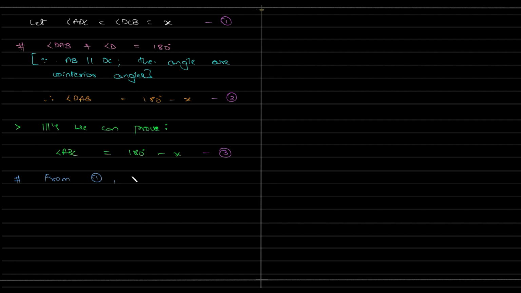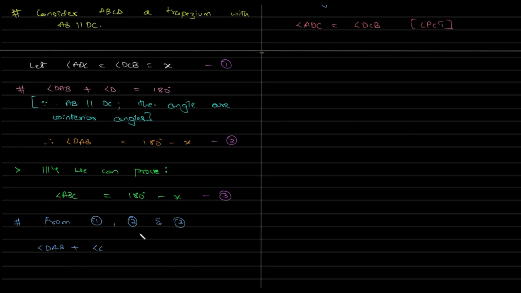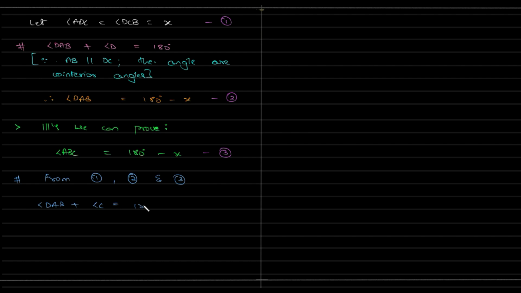From 1, 2 and 3, we can prove that angle DAB plus angle C, these two being opposite angles, are equal to 180 degrees minus x plus x. So this is equal to 180 degrees. And next, angle ABC plus angle D is equal to 180 minus x plus x. So this is also 180 degrees.